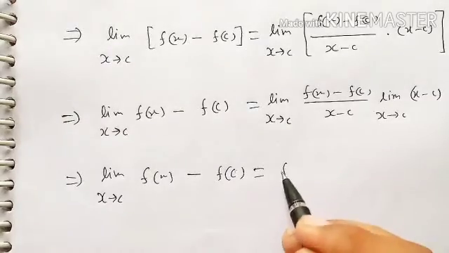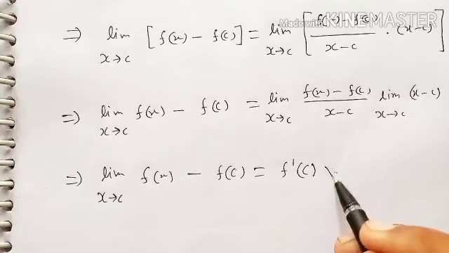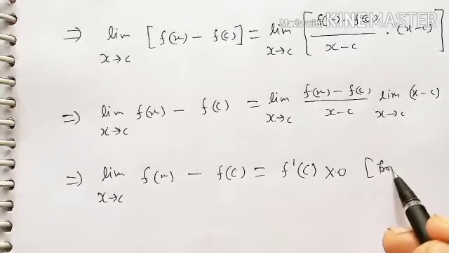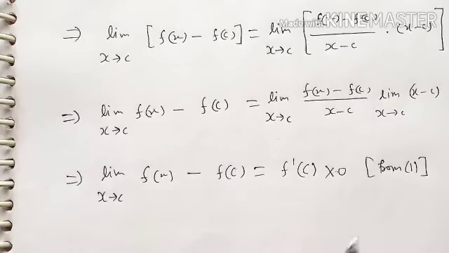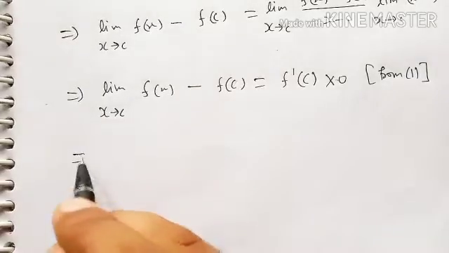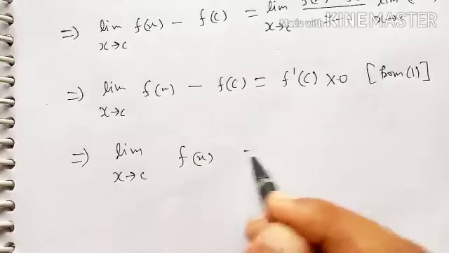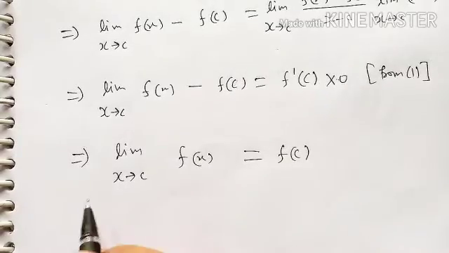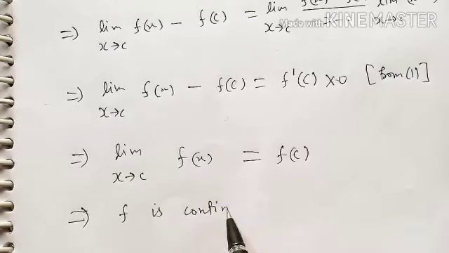This is f dash c from equation 1. This is 0. So our RHS is 0. From here we can write limit x tends to c, f of x is equal to f of c. This implies that f is continuous. Hence the result.